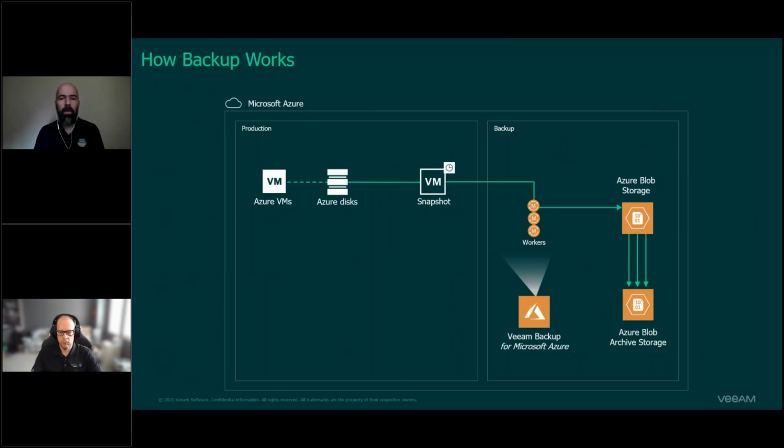We can have only snapshot-based backups, or we can choose to create an image backup for the VM, in which case we're starting a worker, and we're going to read the data from that disk snapshot directly using a temporary SAS link, and the worker will take the data and push it to the repository in Veeam format this time.